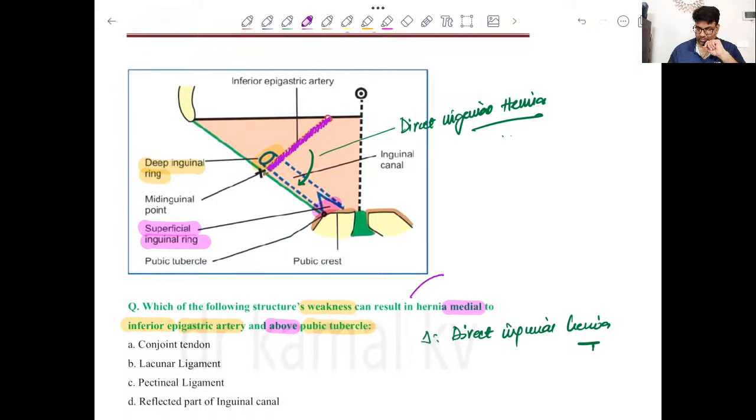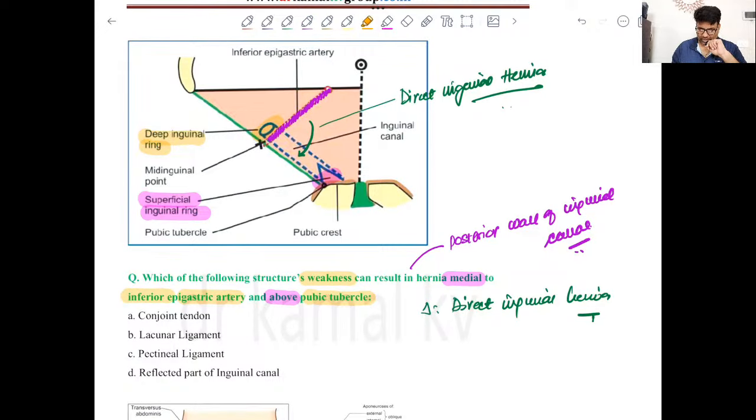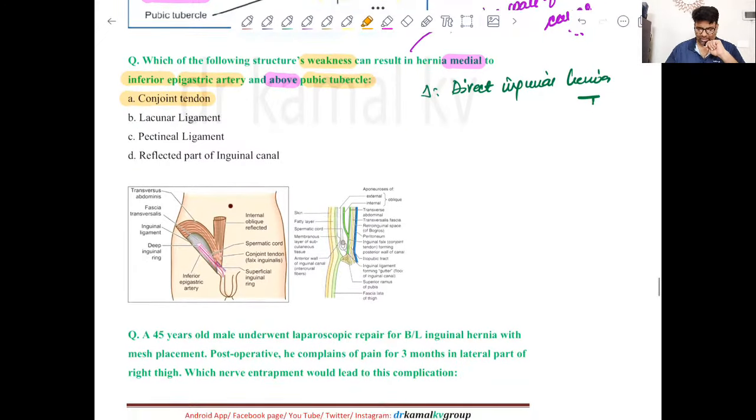Again, I am repeating, posterior wall of inguinal canal. This is slightly tough because you should have a 3D kind of impression in your brain. Anyway, the answer to this question is the conjoint tendon. Let me explain how it is.